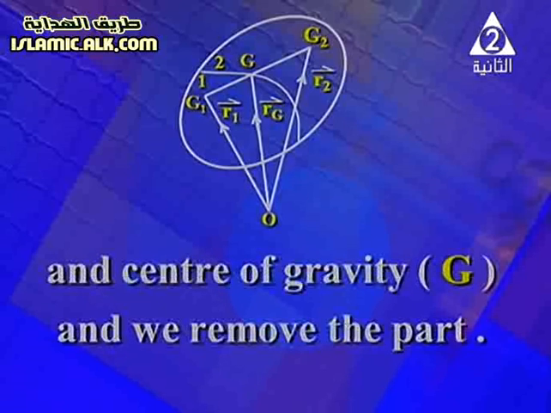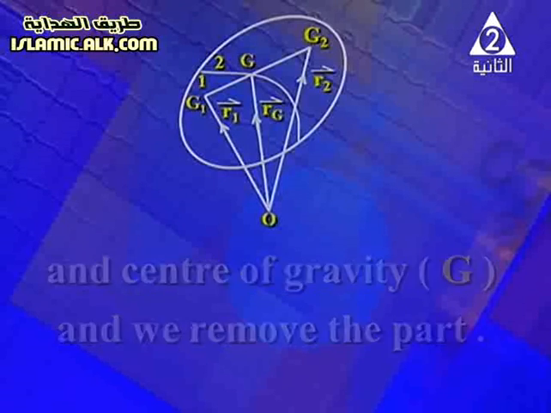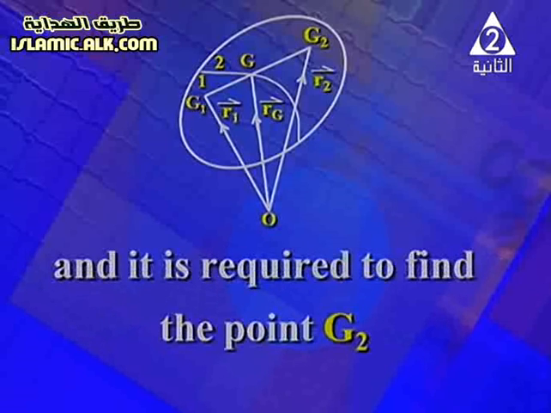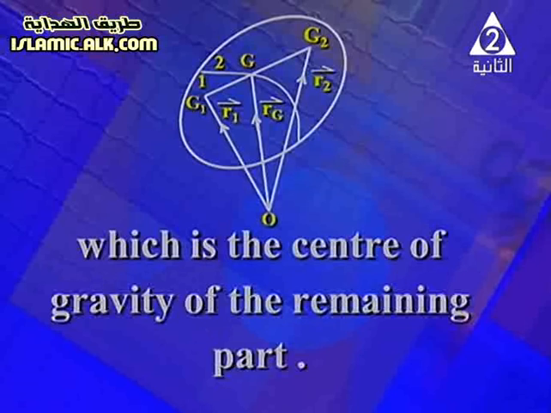Its center of gravity is represented by G, and we remove a part of mass m1 with center of gravity g1 from it. It's required to find the point g2, which is the center of gravity of the remaining part.